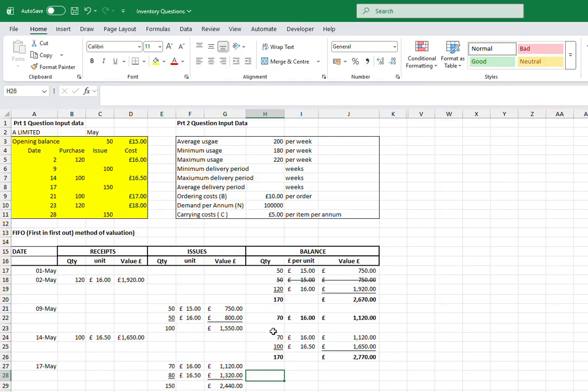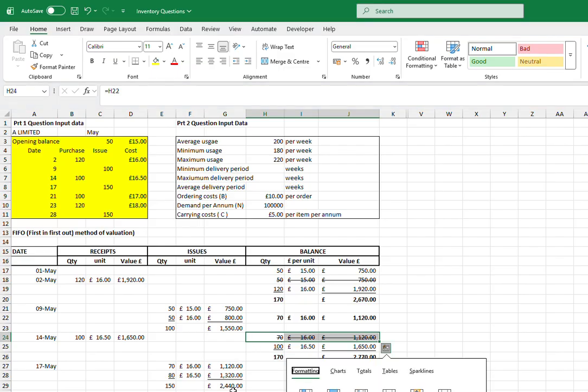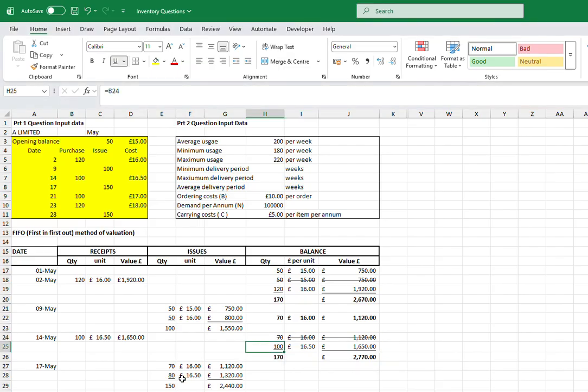So all these have gone. We had 100 of the £16.50 and we've issued 80, so we only have 20 left.